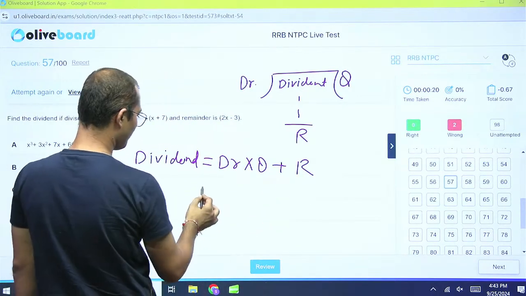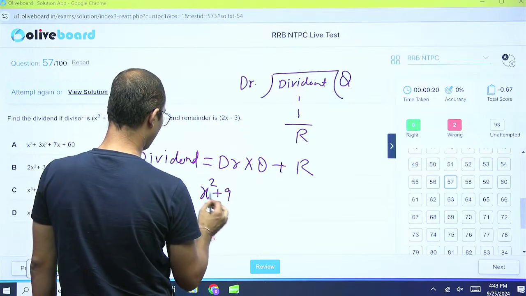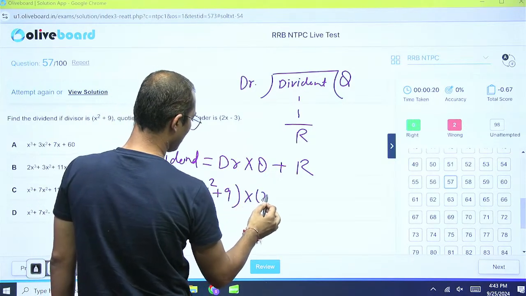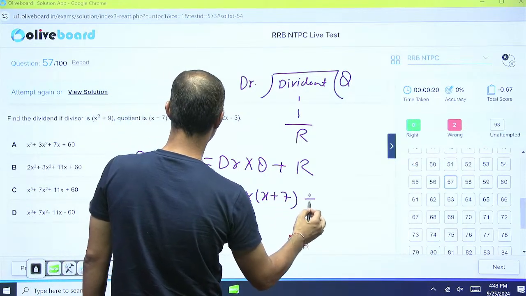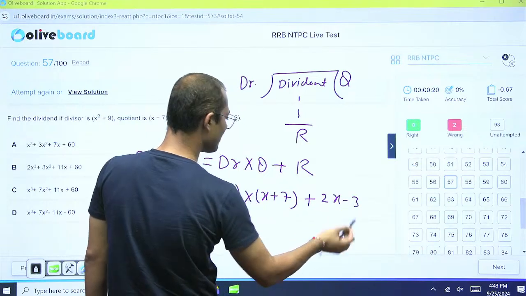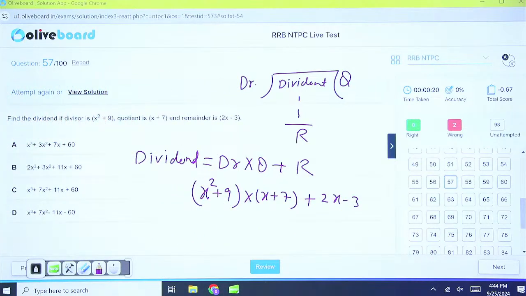So we have to do x square plus 9 into x plus 7, plus 2x minus 3. After solving this we will get this part, right? So C part is the right answer. Okay, so moving to the next question.